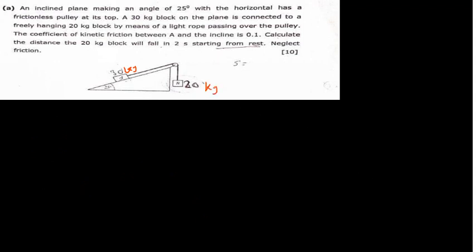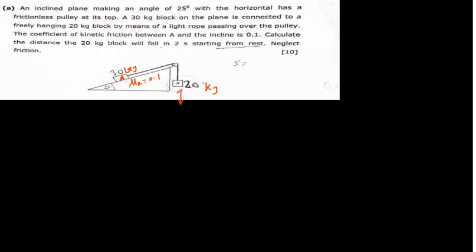The coefficient of friction between A and the incline, so A is this mass which is here on the incline, so there's a coefficient of friction there, mu k, which is 0.1. Calculate the distance the 20 kg block will fall in 2 seconds starting from rest.